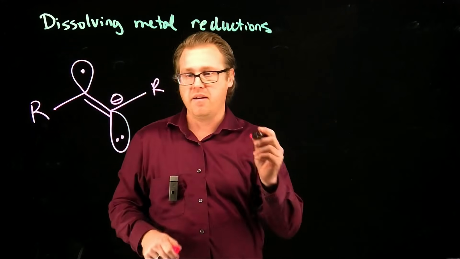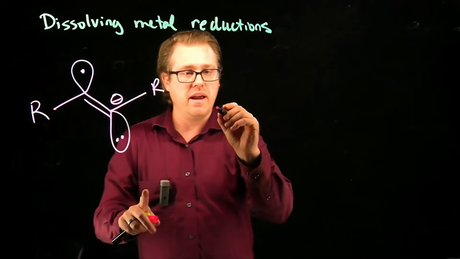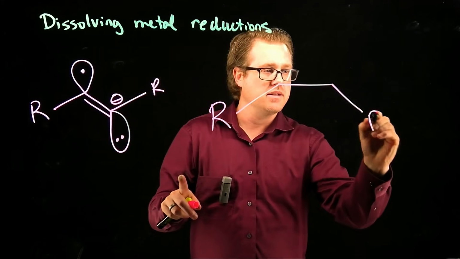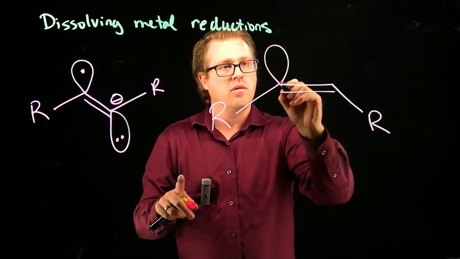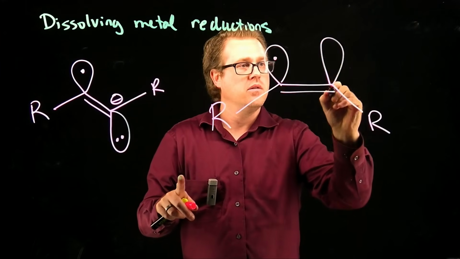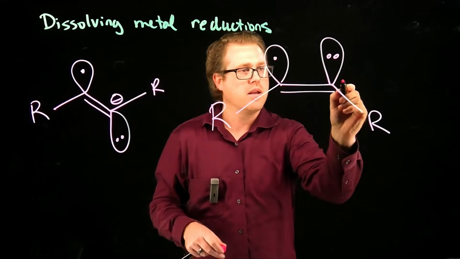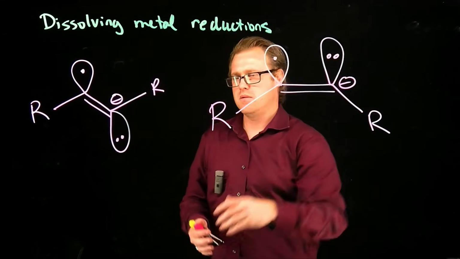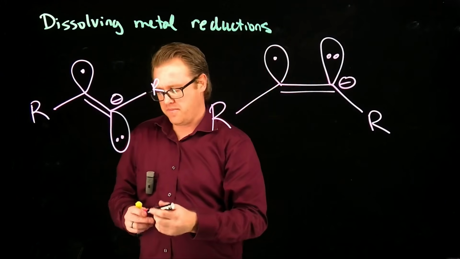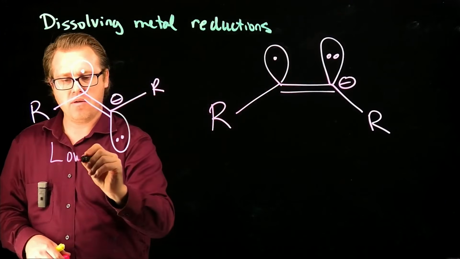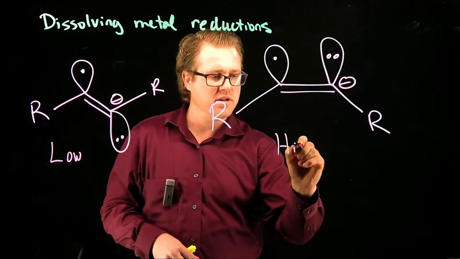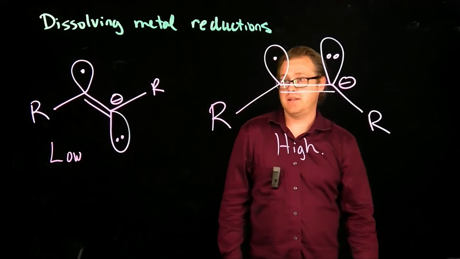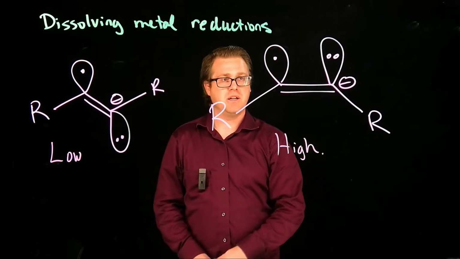But what if it actually added something like this? All right, negatively charged. What about this? Why didn't it add like that? Well, because this is the low energy state and this is the high energy state. And molecules are going to take the easy way, lowest energy.